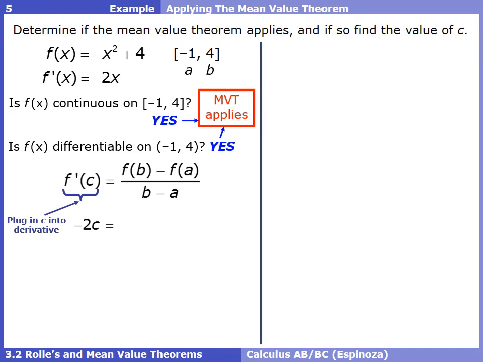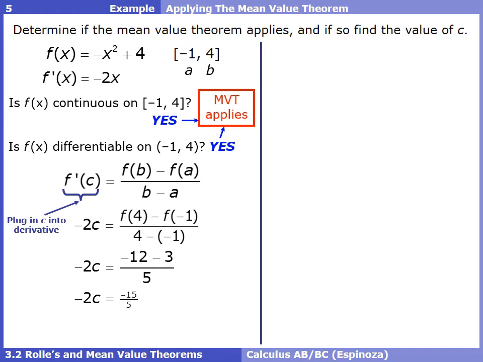Well, on our window in our interval, A is -1 and B is 4. So we're just going to take those two values and plug them in. So we need to compute f of 4 and we need to compute f of -1. All we need to do to figure those out is plug in 4 into the function and plug in -1 into the function. When you do that, you'll get -12 for f of 4 and you'll get 3 for f of -1.